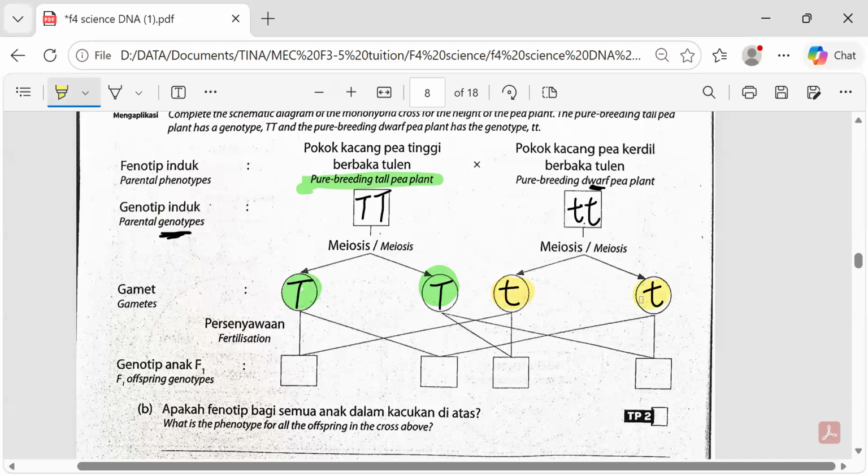Okay, who and who combine together? Sperm combined with sperm, or sperm combined with egg? If you say sperm combined with sperm, I'm very worried. So it has to be sperm combined with egg, like that. Understand or not? Okay, so I want you to match it up together. If this sperm combines with this egg, the baby will be big T, small t. Do you understand? Okay, follow the lines and do.